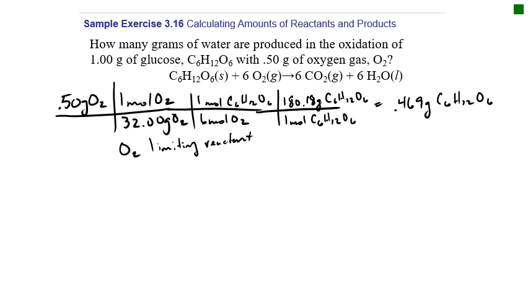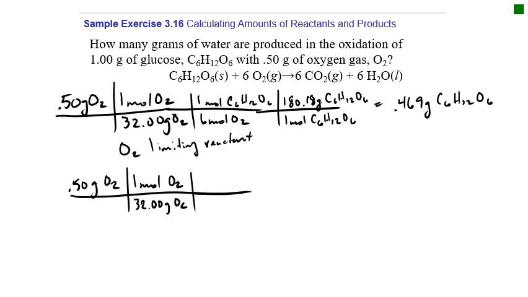Now, to solve this problem, once we now know the limiting reactant, we can then go and solve for the grams of water. So I could take the 0.50 grams of the O2 and I can convert that into moles. And now use the mole ratio between the oxygen and the water.